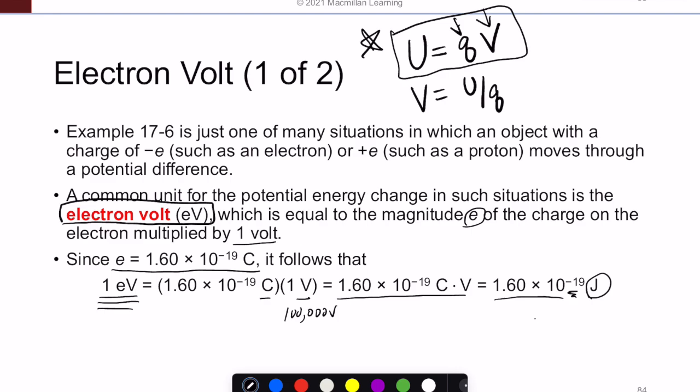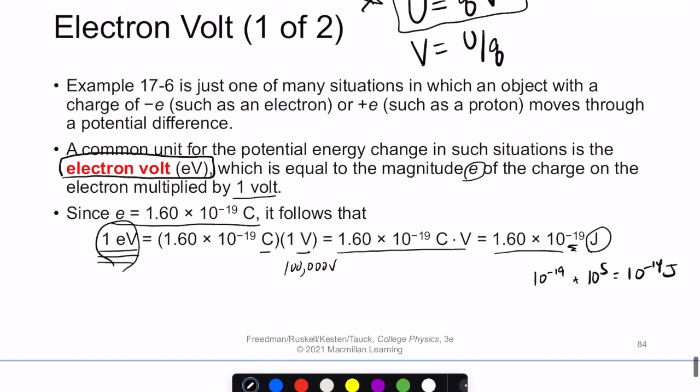If I multiply 10 to the minus 19 times 100,000, which is 10 to the 5, we still get a really small number. And when you talk about numbers so small, they can seem insignificant or confusing or meaningless. So it makes sense to instead convert that energy of 10 to the minus 14 joules into eVs.